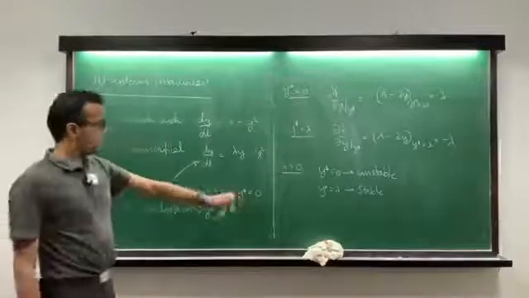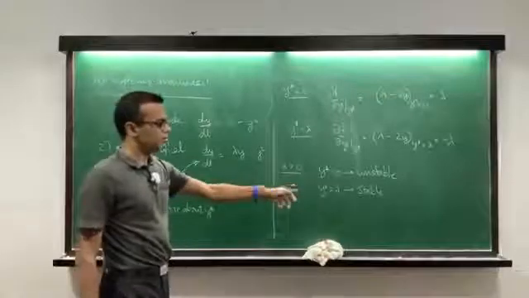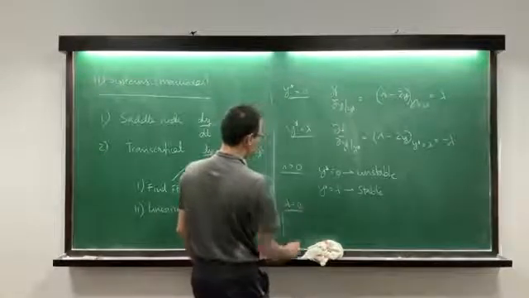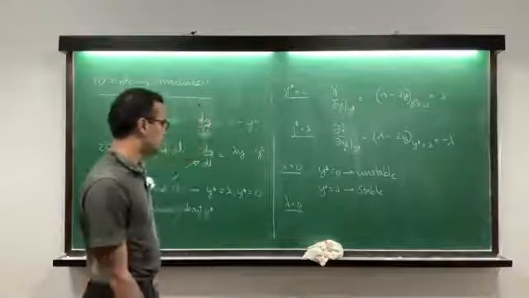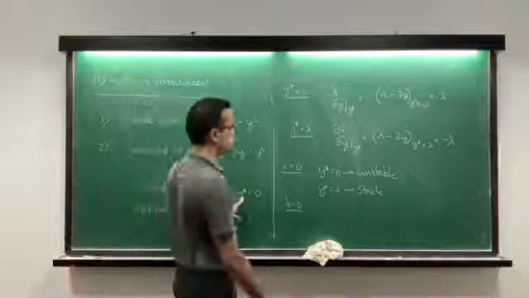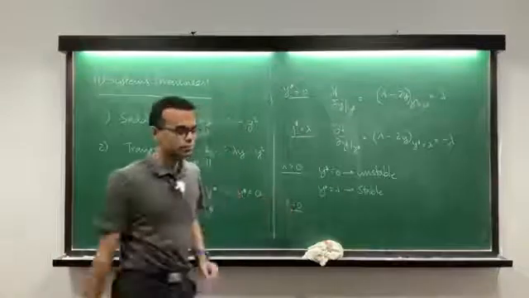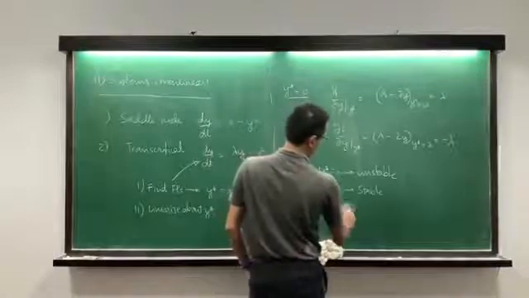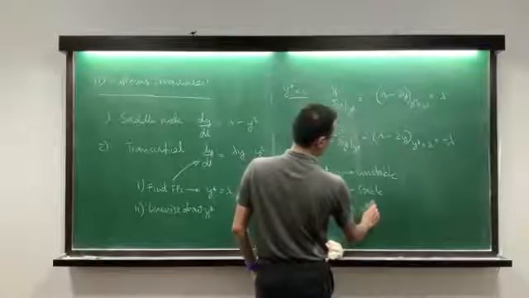Now, if lambda is the tuning parameter and I suddenly change it from positive to negative, at lambda equals 0, what happens? Well, first thing that happens is when lambda equals 0, both the fixed points merge, just like before. So you have two fixed points at the same location. They both become y star equals 0.